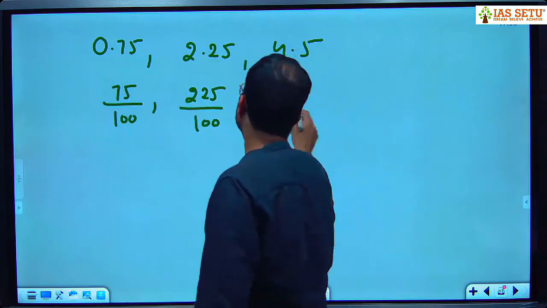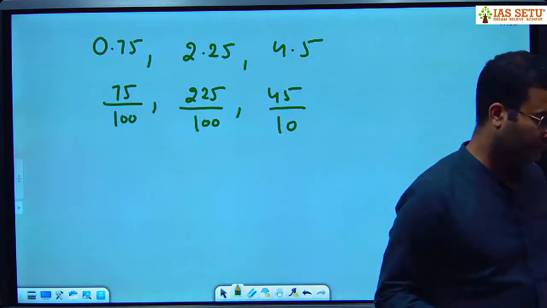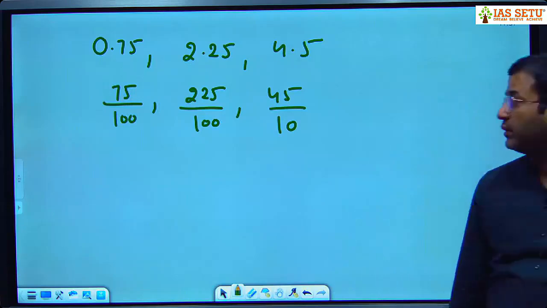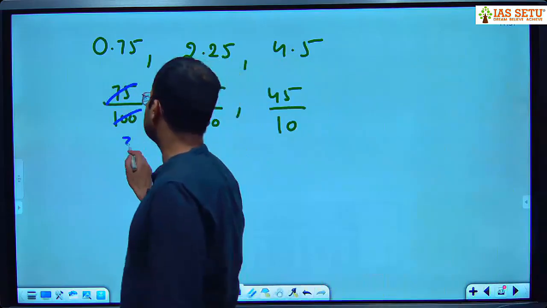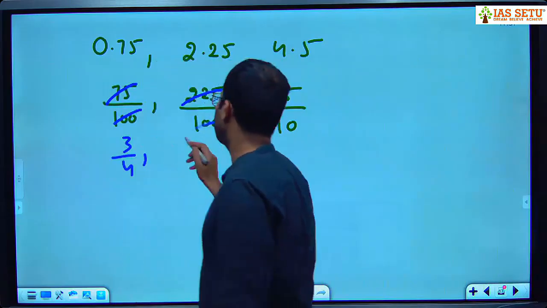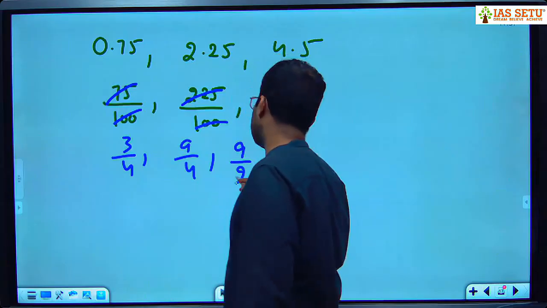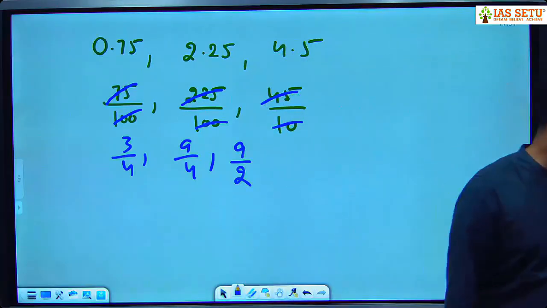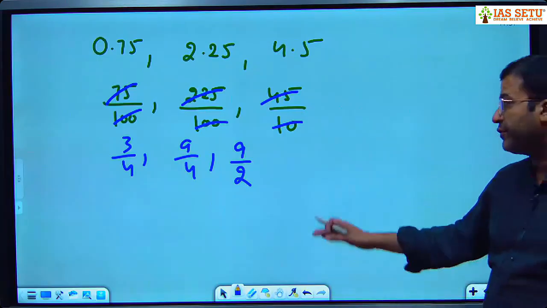This is 45/10. Now if we simplify, this is 3/4. This is 9/4. This is 9/2. 3/4, 9/4, 9/2. Then we follow the same thing.